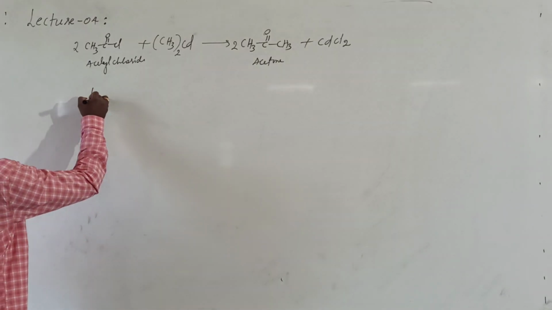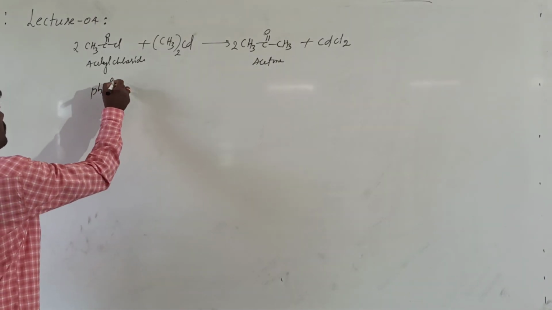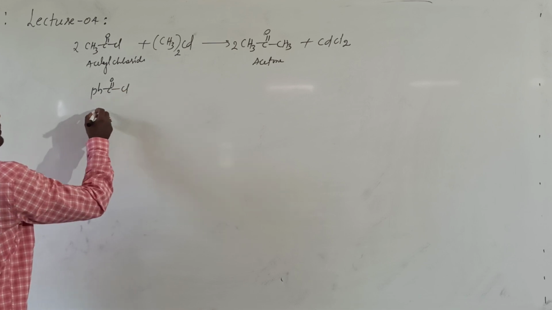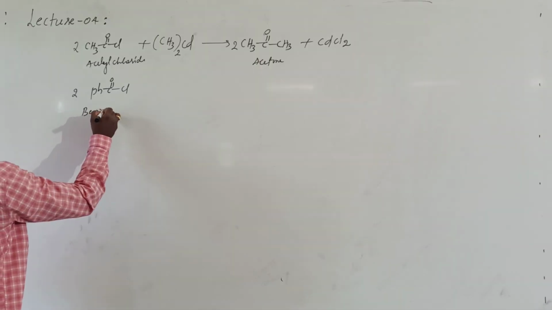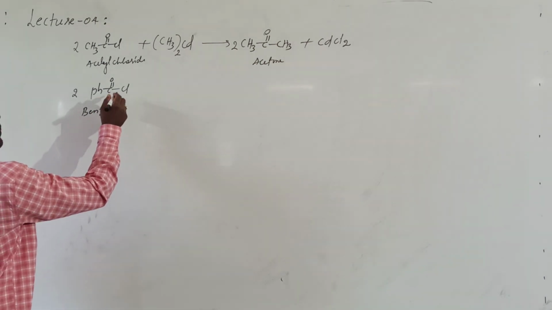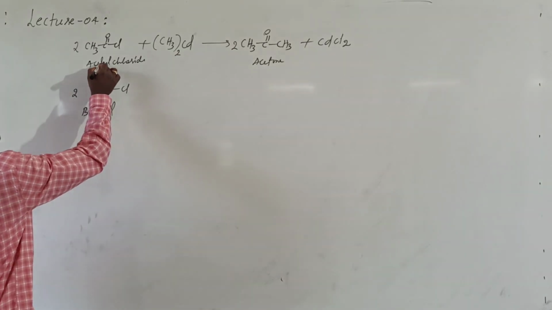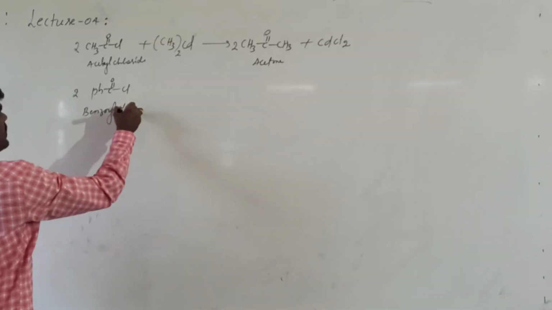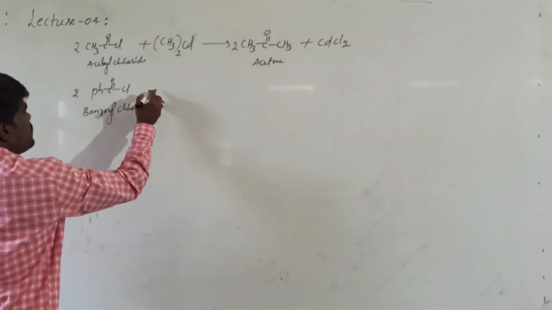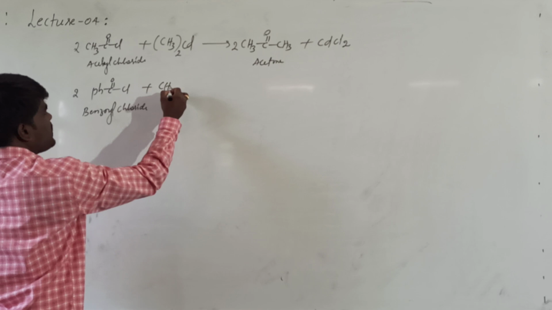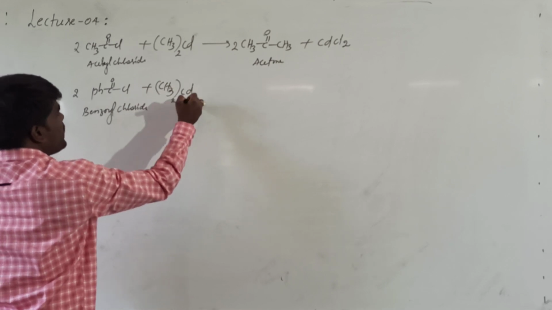Suppose if you are taking benzyl chloride, what do you call this as? 2 moles of benzyl chloride, if you are treating this with dimethyl cadmium, what is this? Dimethyl cadmium.